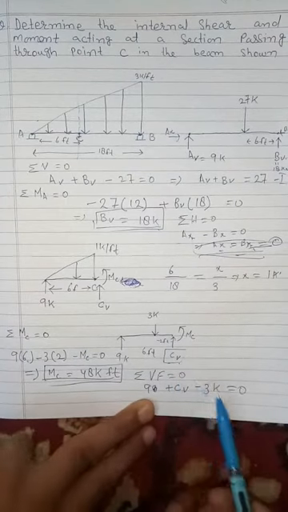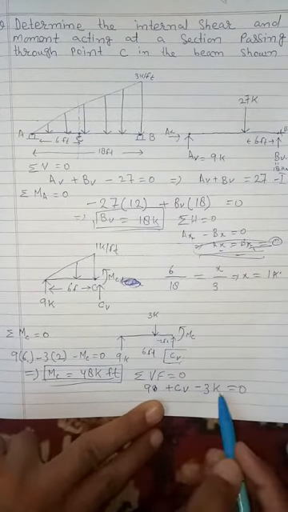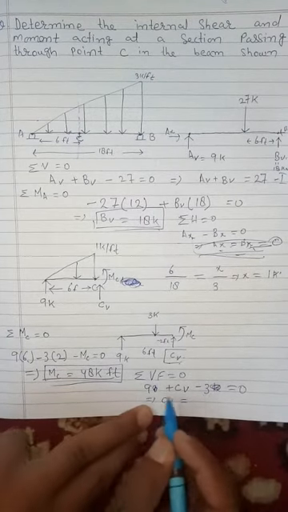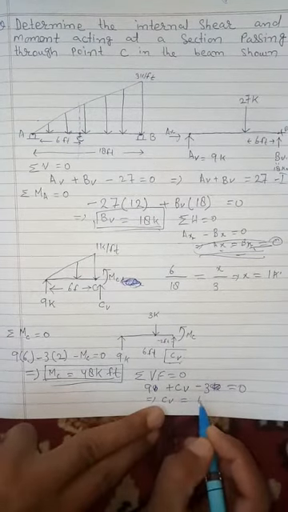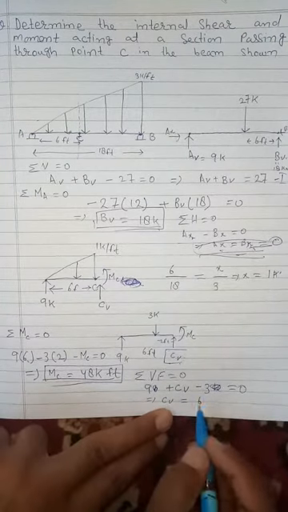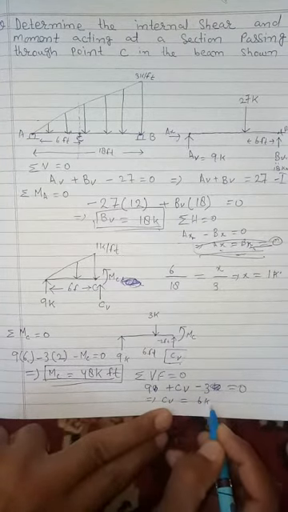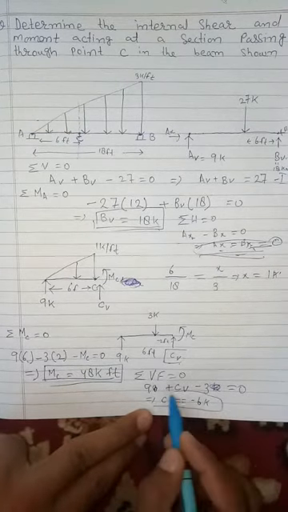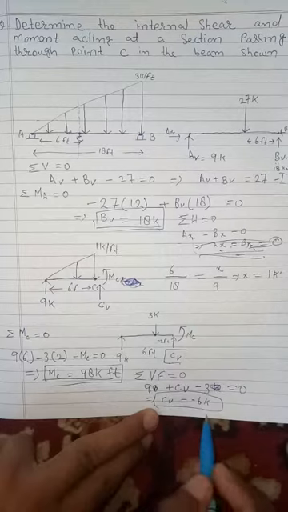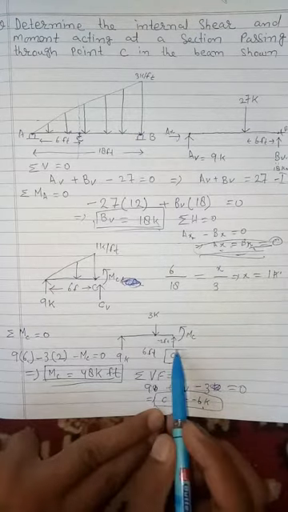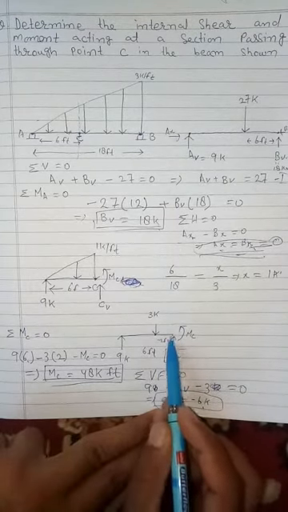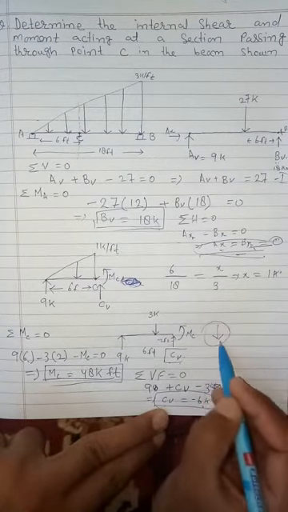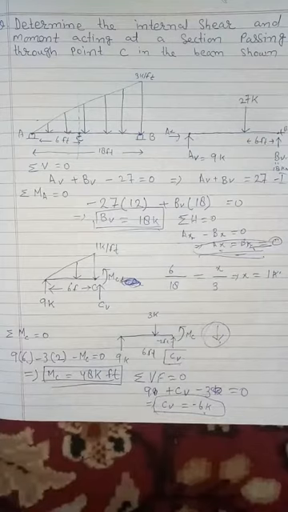So 9 plus CV minus 3k equals 0, which further implies CV equals 6k. Sorry, this is minus 6k. Here CV comes out to be negative. It means our assumed direction is wrong, so we have to take the direction as downward. Thanks. Hope you understood this.